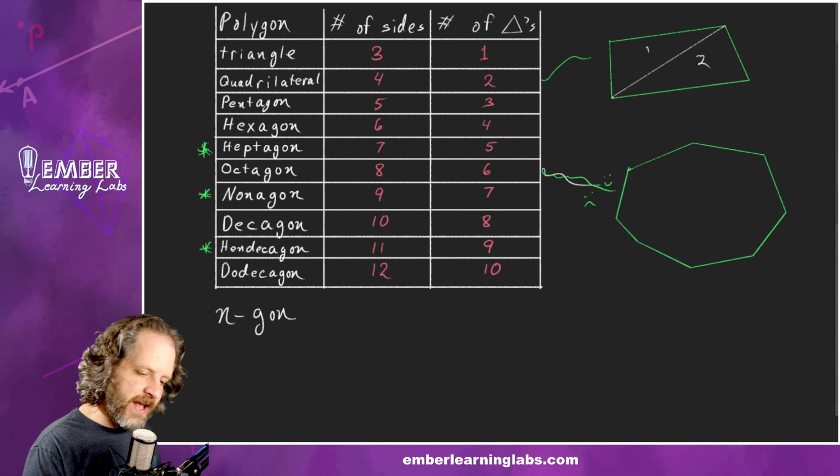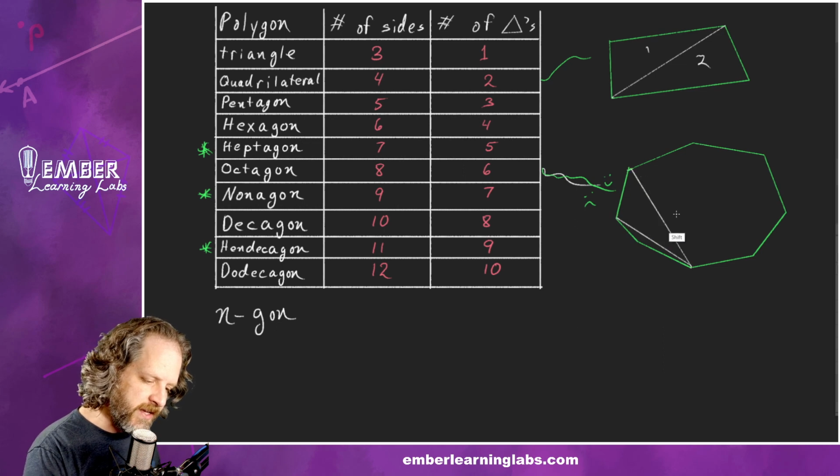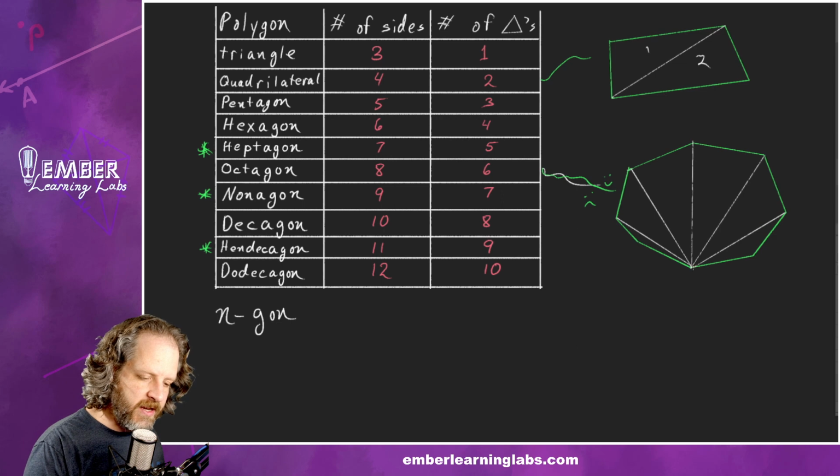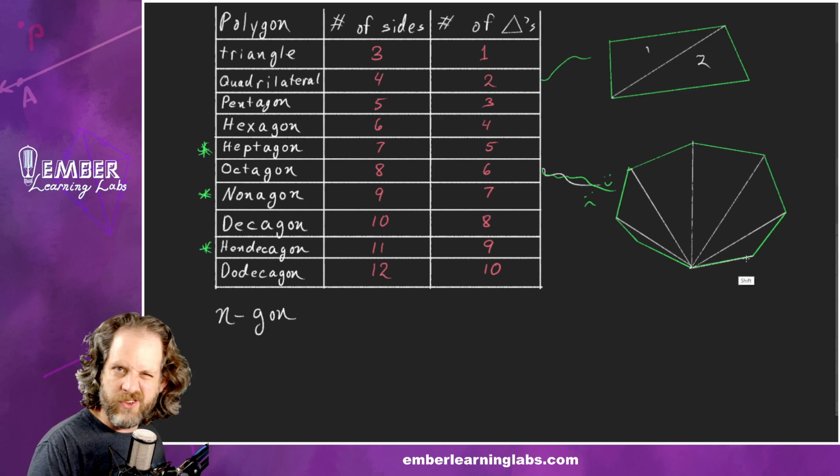If I pick a vertex here and start splitting this up, I won't go here because that wouldn't be inside, but I will go here, and I start to split this up into triangles. This will work from any vertex. I just happen to pick this one. Then we can split it again. We wouldn't go to this one because that's not a new triangle.